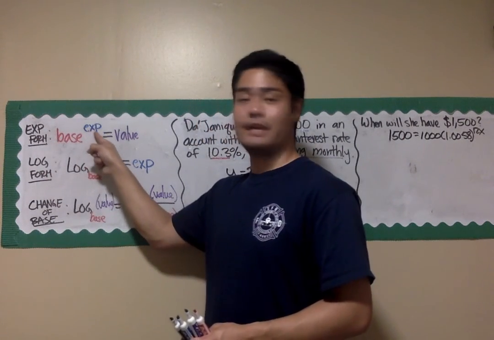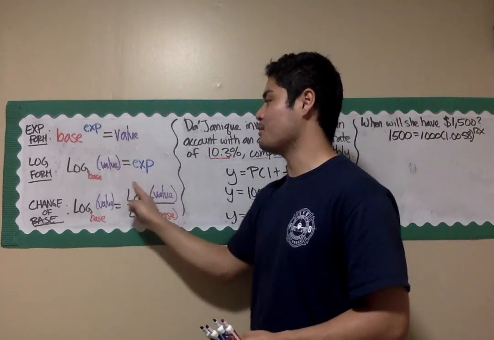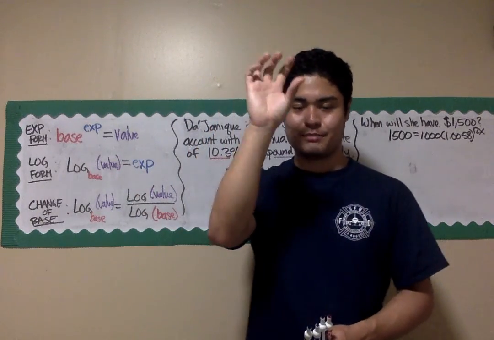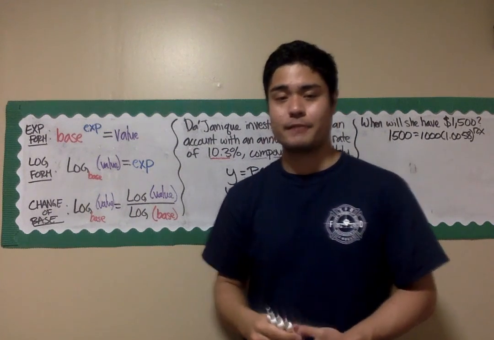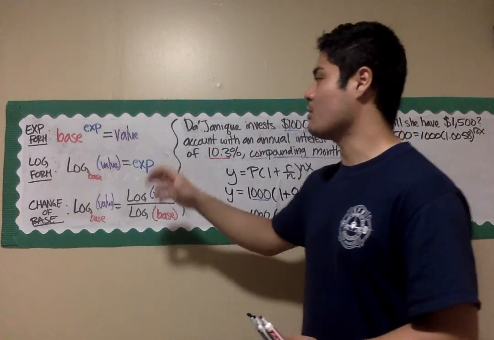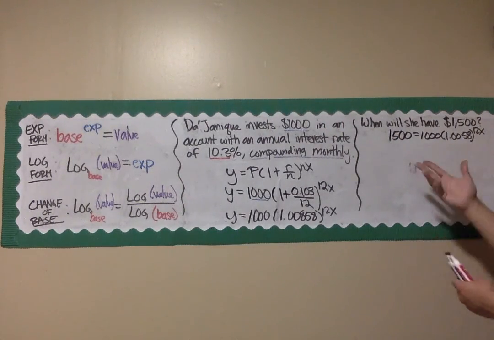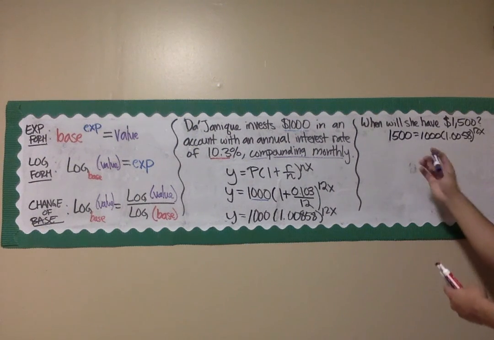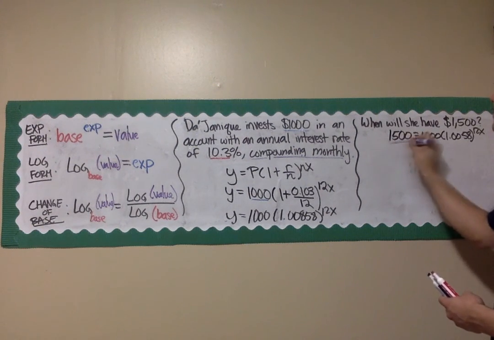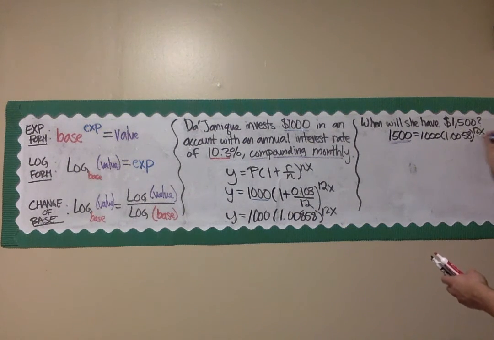When we have an exponent here and we want to bring it down, we can rearrange this stuff so that the exponent is no longer stuck up on top of some other number. So this is the goal, to get to here. We want a base, value, and exponent. So I can look at my equation and say, okay, the 1,500 is my value, and the 12x is my exponent, and then my base is 1.00858.